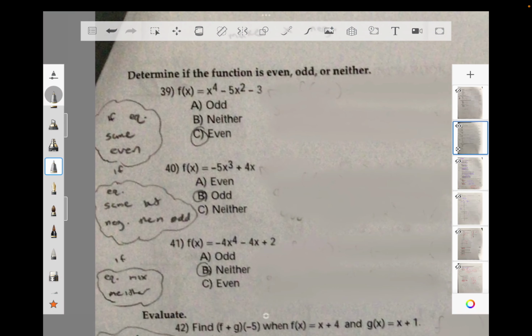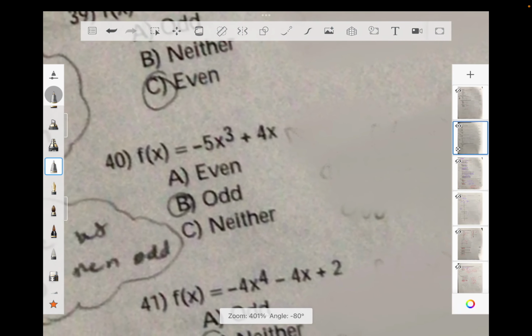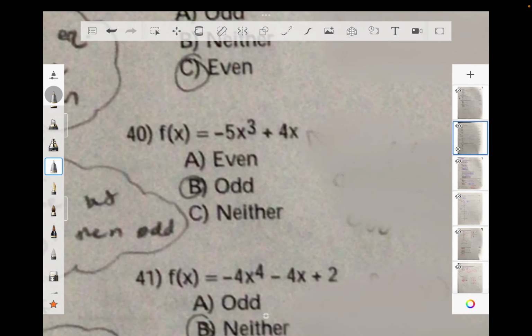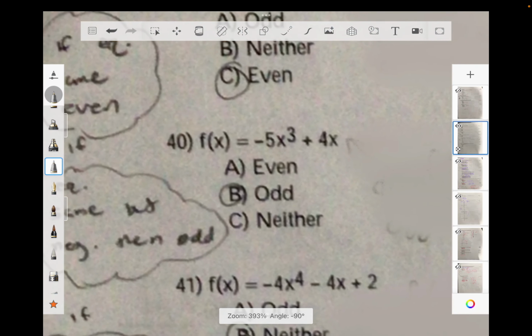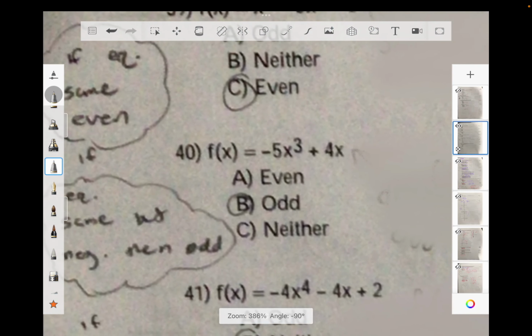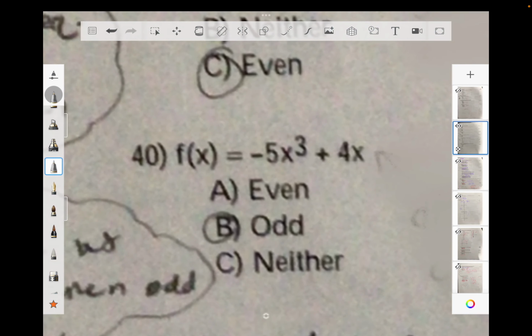If you change all the x's with negative x's, and the equation is the same but negative, right? So essentially like the opposite, like all the signs are flipped. So this would be positive, this would be negative. Then it's odd.